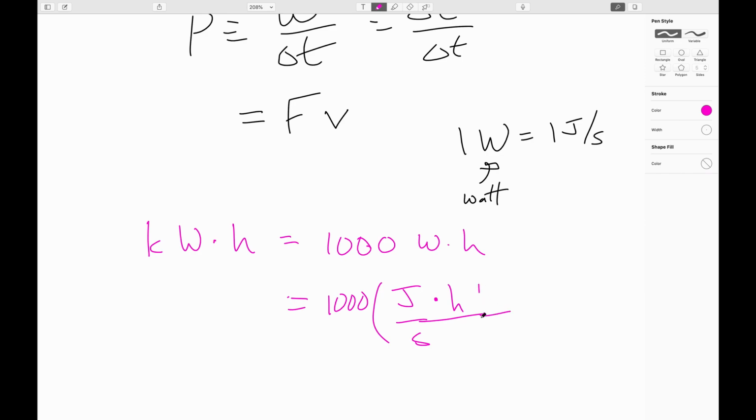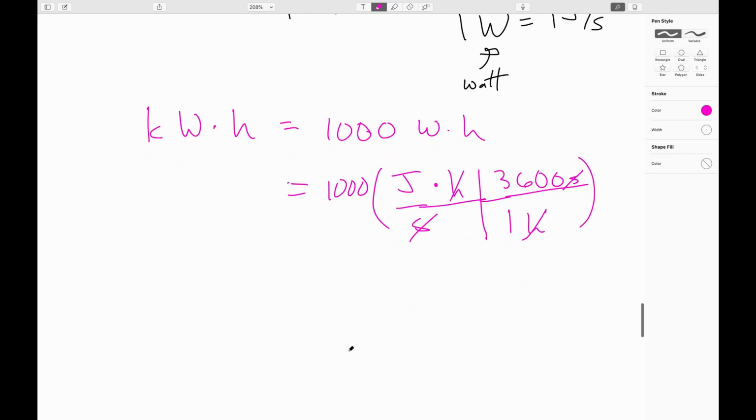So to get the units all compatible, we have to remember that 1 hour has 3,600 seconds. So then hours cancel, seconds cancel, and sure enough, we're left with joules. 3,600 times another 1,000. Turns out that a kilowatt hour is 3.6 million joules, or megajoules.